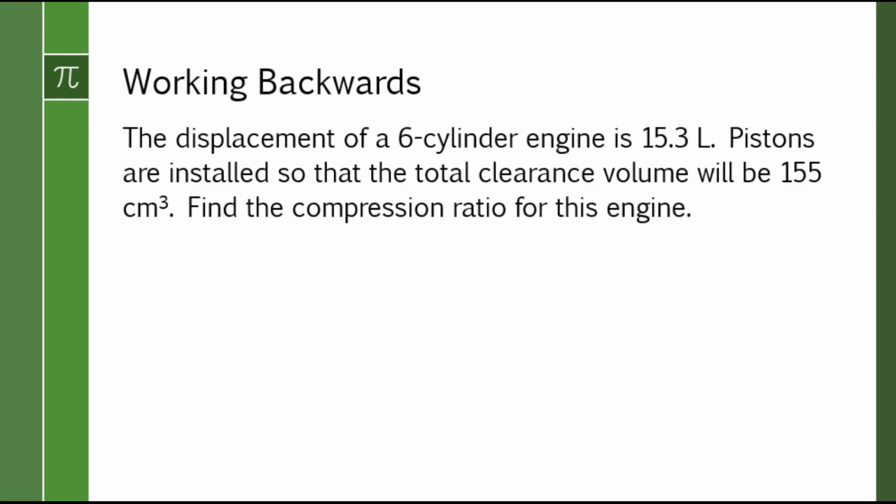Most of the questions you would ever get would be like the previous slide, but just in case, remember, you need to know your way around something. So if they tell me the displacement is 15.3 liters, and I want to find compression ratio. I know that displacement is not useful to me, but I know that the swept volume is going to be the displacement divided by the number of cylinders.